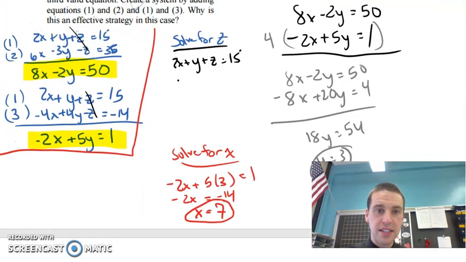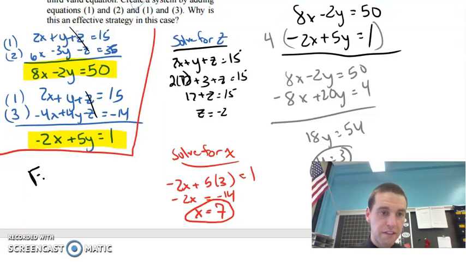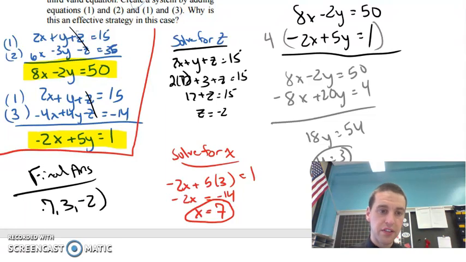I know that x is 7, so 2 times 7 plus y, which is 3, plus z equals 15. And I'm going to get 14 plus 3, which is 17, plus z equals 15. So z equals negative 2. And my final answer is going to be 7, 3, negative 2. Goes x, comma, y, comma, z.